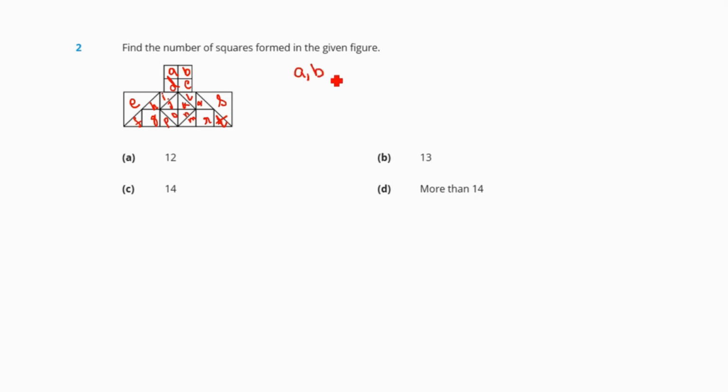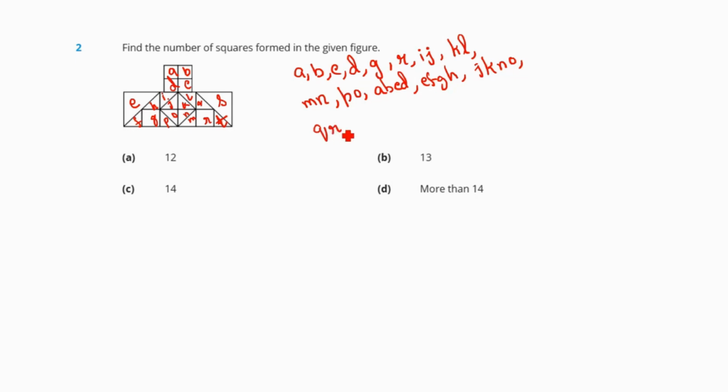A, B, C, D, G, R, I, J, K, L, M, N, P, O, A, B, C, D, E, F, G, H, J, K, N, O, Q, R, T, S, and I, J, K, L, N, M, O, P. So that is more than 40. So our answer is option number D.